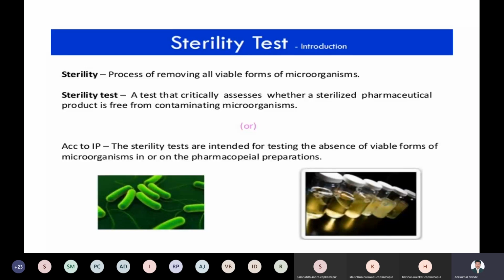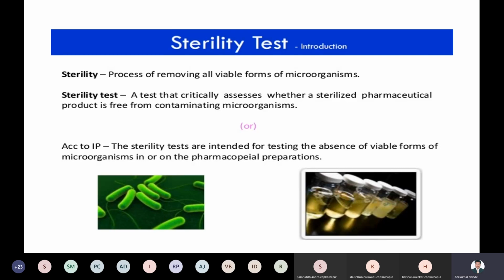Understand it? So sterility is the process of removing all viable forms of microorganisms. All the microorganisms we kill with the help of sterilizing methods, and whether these microorganisms are killed by the sterilizing method or not will be determined by the sterility test.